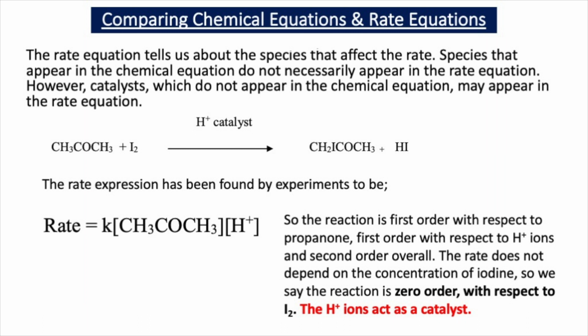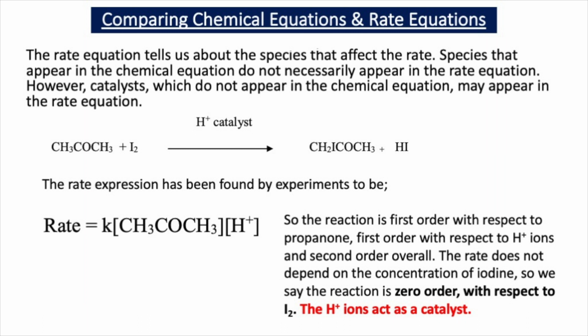And the rate equation tells us the species that affect the rate. By species we mean atoms, molecules or ions. And species that appear in the chemical equation do not necessarily appear in the rate equation. However, catalysts which do not appear in the chemical equation may appear in the rate equation.